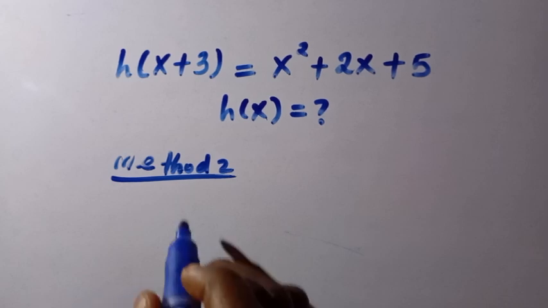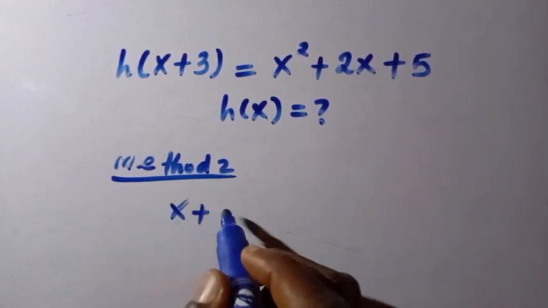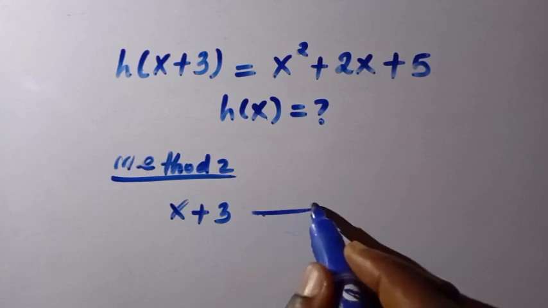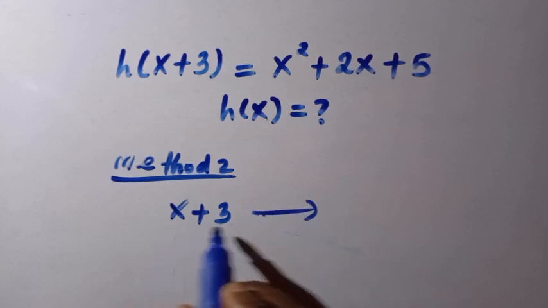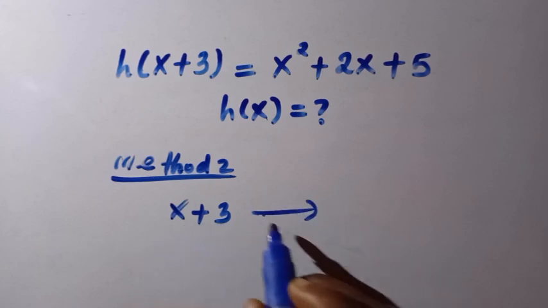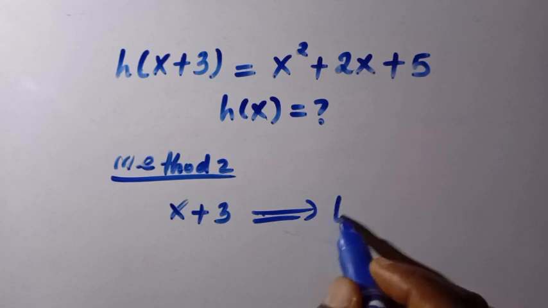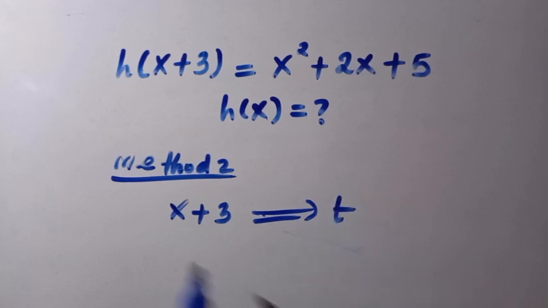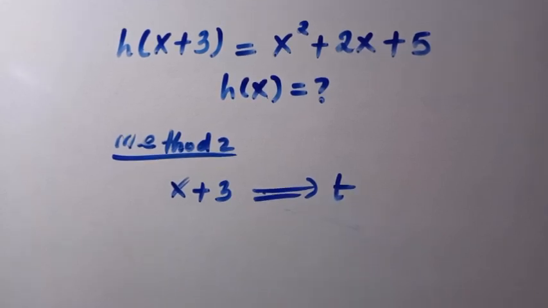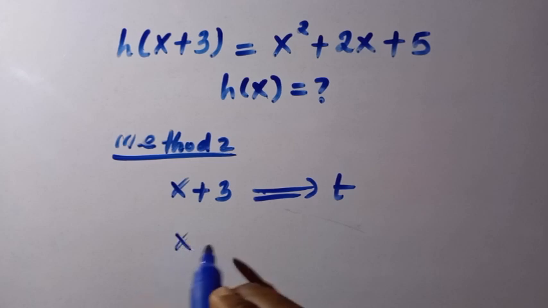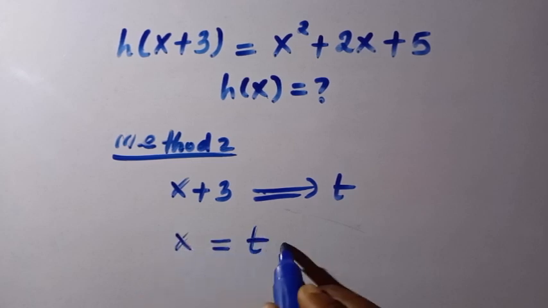In this domain, we know our domain here is x plus 3. If I let it equal t, I'm going to make x the subject of the formula from here. By doing that, we have x equals t minus 3.